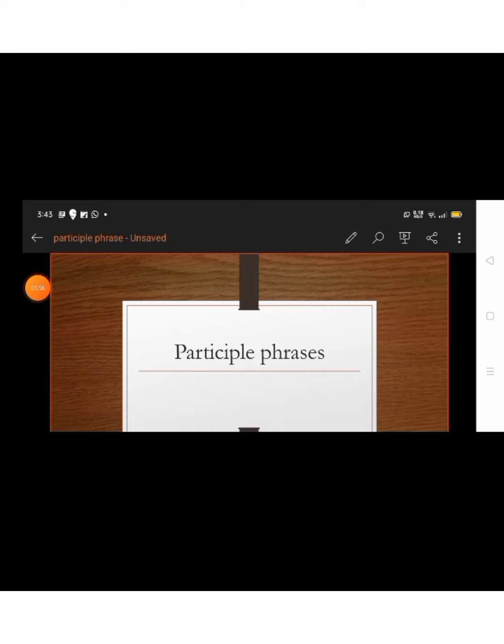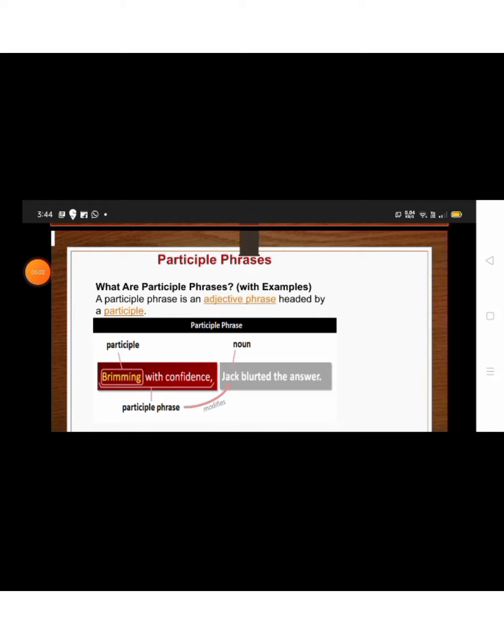Now next comes the topic participle phrases. What are participle phrases? A participle phrase is an adjective phrase headed by a participle. It can be a past participle, it can be a present participle. So here you can see an example.